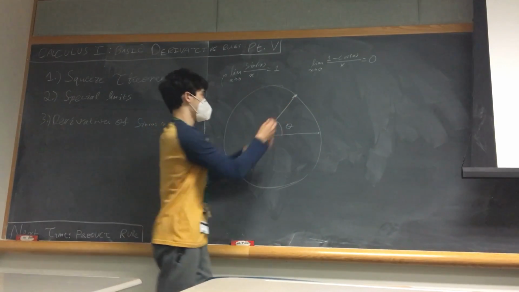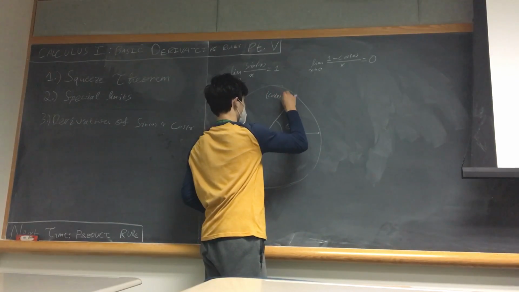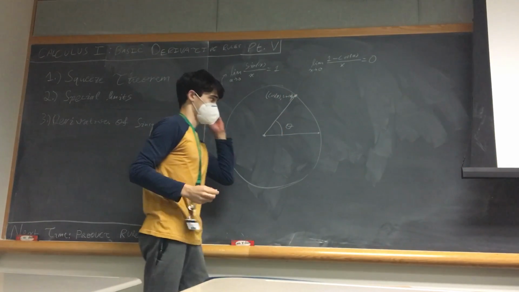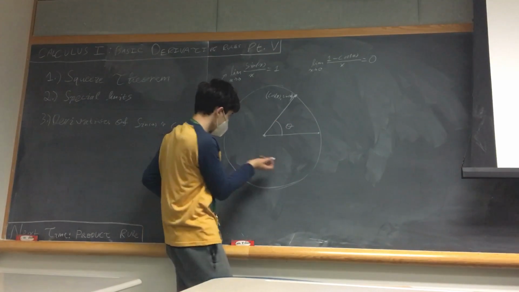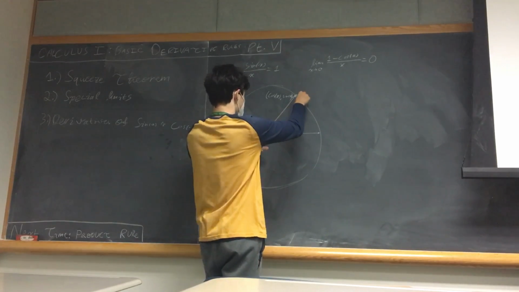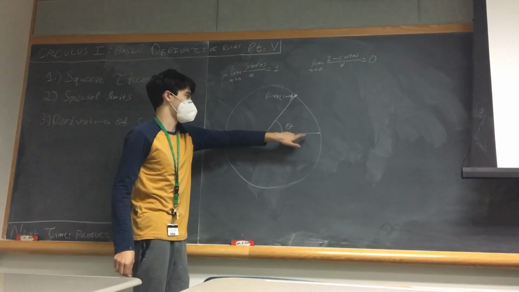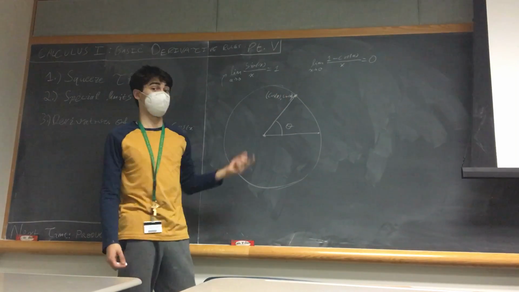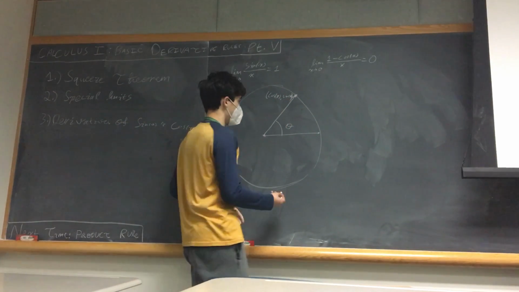So we know that this point here is cosine of theta, sine of theta, because any y value on the unit circle is the sine of the angle theta that it makes with the horizontal, and the x value is the cosine of the angle theta made with the horizontal.